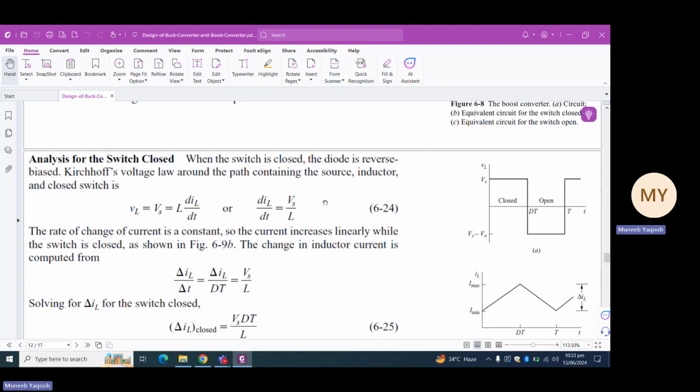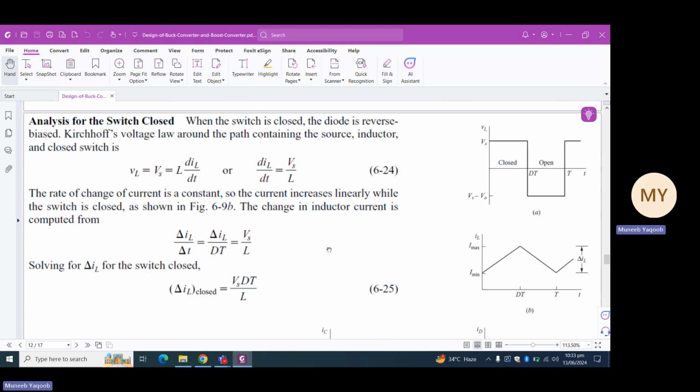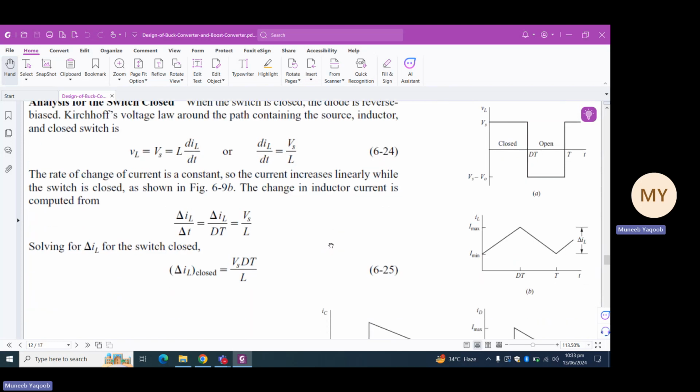And dt is the duration for which the switch was closed, so it is dT. Hence we can write delta IL upon dT equals Vs upon L, and hence delta IL closed is Vs dT upon L.